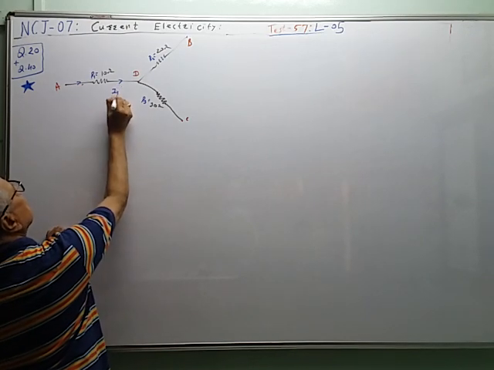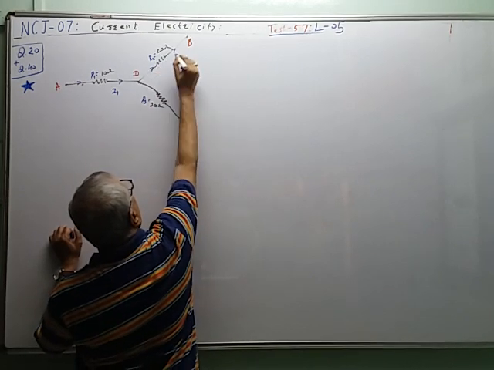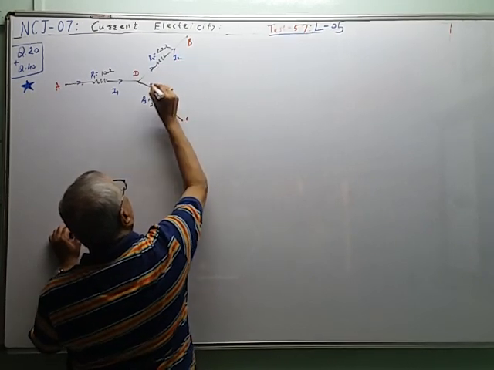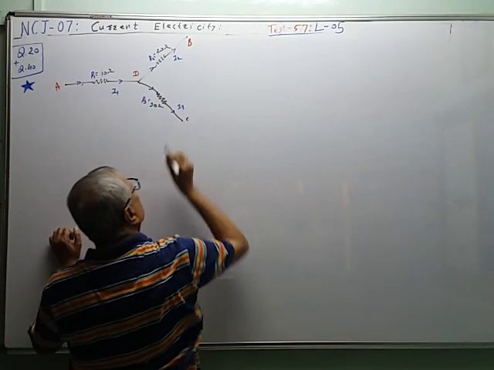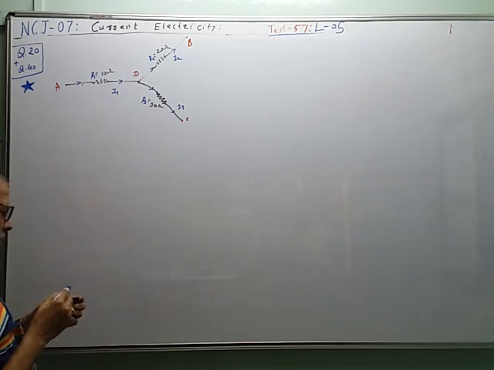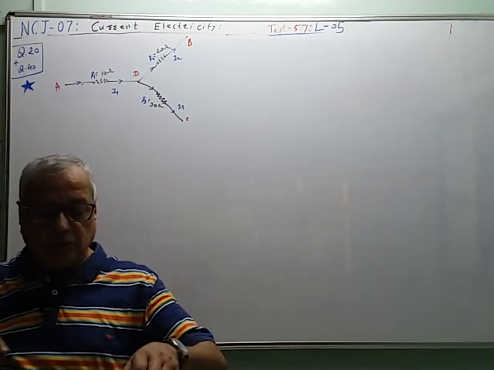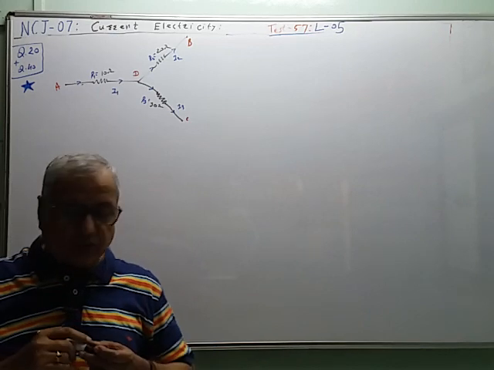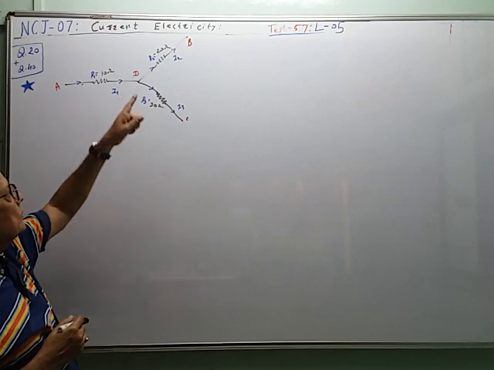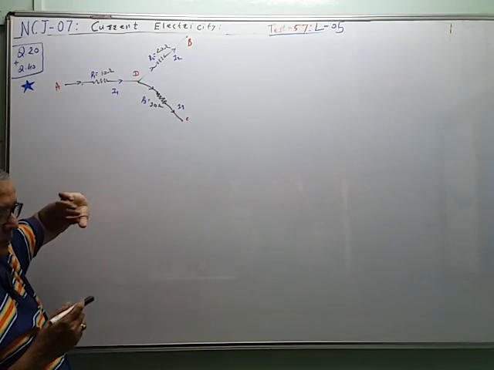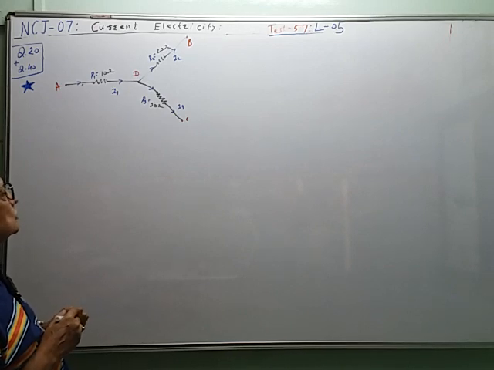So this current is I1. It is divided into two parts, I2 and I3. So first we have to find the potential at point D, then we have to find I1, I2, I3.